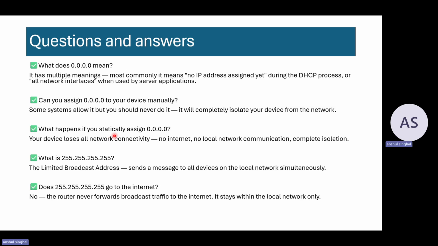Then the next one is, what does 0.0.0.0 mean? Okay, so it has multiple meanings. Most commonly, it means no IP address assigned yet during the DHCP process, or it could be something else in a different context, like all network interfaces when used by server applications.